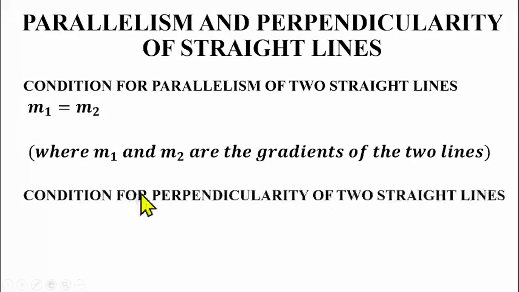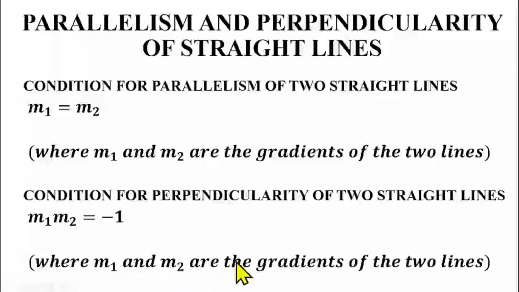And for perpendicularity, before we can say that two lines are perpendicular in coordinate geometry, the product of their gradients must be equal to -1. That is, m1 times m2 must equal -1, where m1 and m2 are the gradients of the two lines.